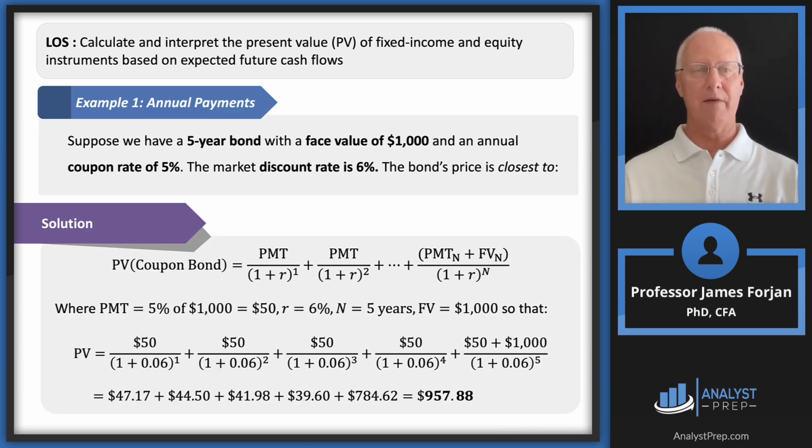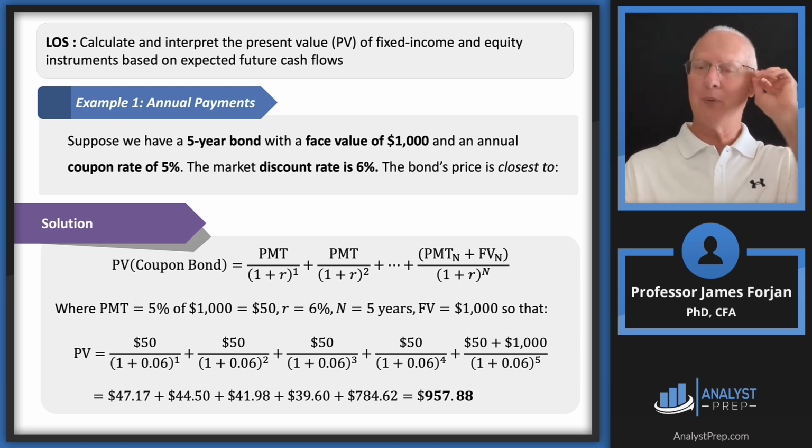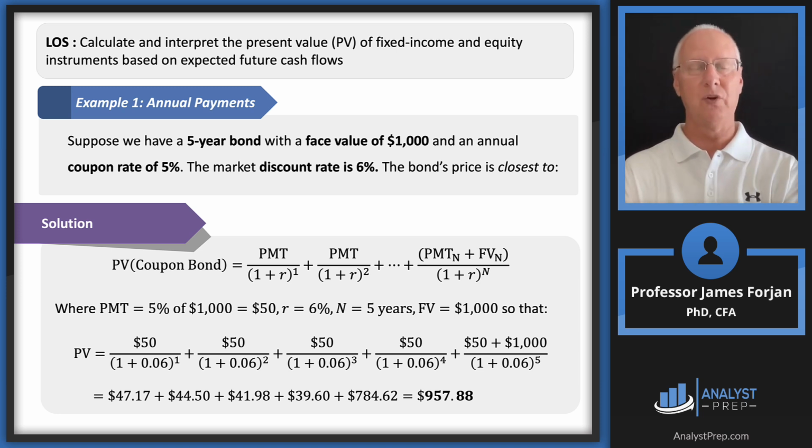So here we go. Suppose we have a 5-year bond, face value of $1,000, annual coupon rate of 5%. By the way, I'm pretty sure that the Institute, in the question stem on the exam, will say to assume a face value, future value, par value, or principal amount. Those all mean the same thing: 1,000 or 100.